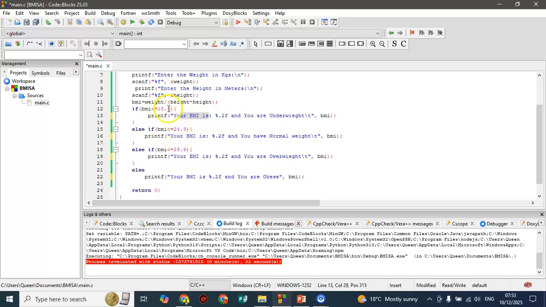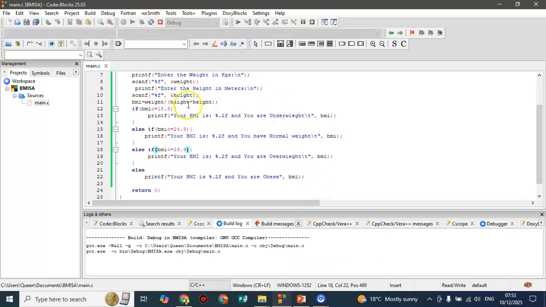If it has already passed this one, it is keeping in memory that it is not less than or equal to 18.5, so it must be above. So it goes to see the next level, how above is this above, and in this level, when it finds that it is not beyond 24.9, then it will just output this statement. Okay, if it is beyond this statement, it does not go back to check whether it is less than this. No, it goes directly to see the next level if it meets that, and if all these statements are false, then automatically the last statement here will be executed.